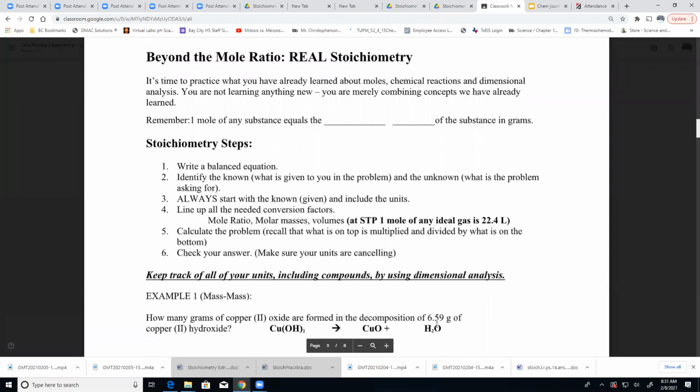So we're really not learning anything new. We're putting things that we already know together. So it seems like it's new, but we're doing things with the mole ratio, which we've already done, looking at the coefficients, molar mass, balanced equations, dimensional analysis where we use a box. So all things that we've already done, and we're just putting them together.